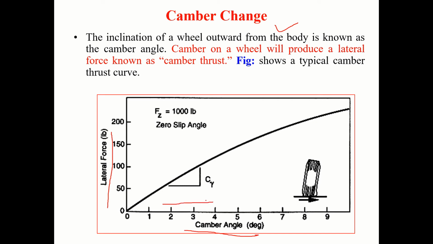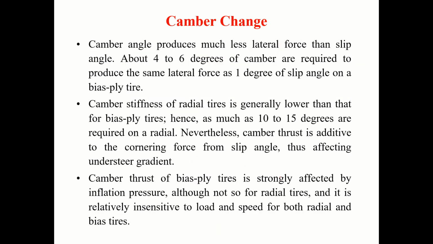As the camber changes, lateral load also increases. Correct. And that will start pulling. That makes the vehicle add to the understeer. That's the main thing. However, the influence is not much.